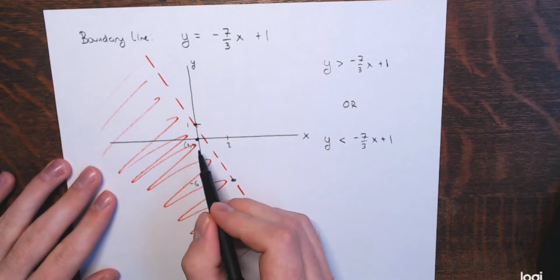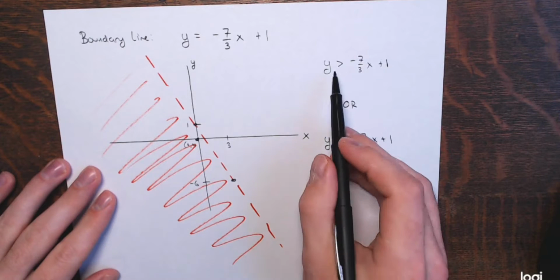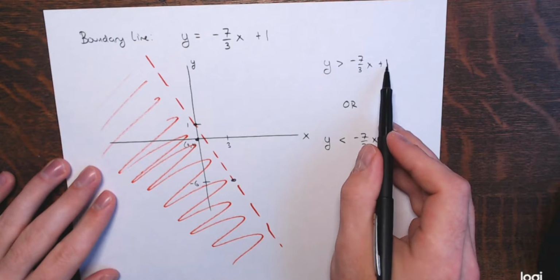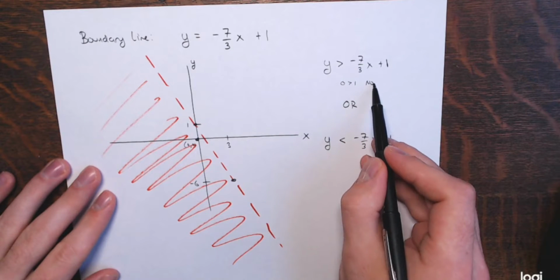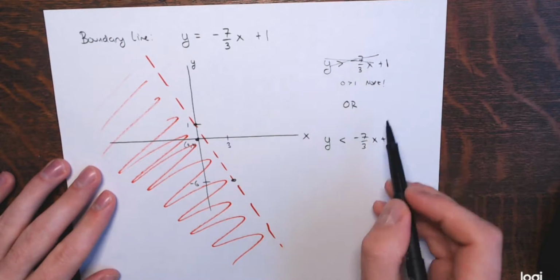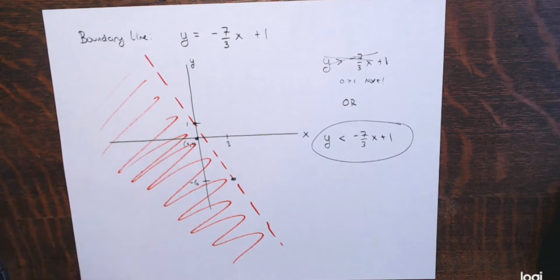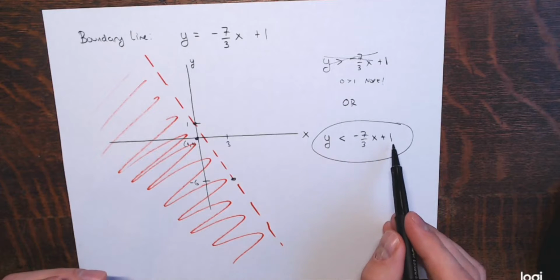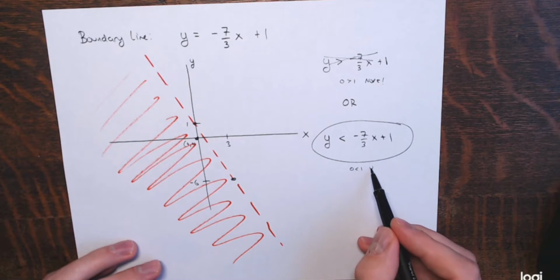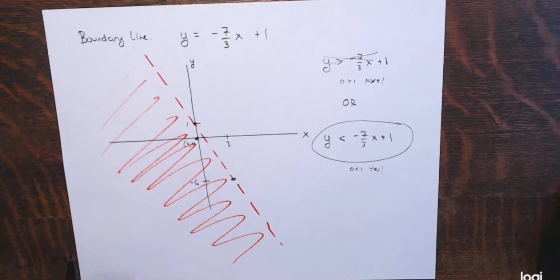Is 0 greater than 1? If x were 0 and y were 0, you'd have 0 is greater than 1. Nope. So that's not the one. It's got to be this other one then. Pick a solution 0, 0. Is 0 less than 1? Yeah. That works. So it's got to be that second inequality.